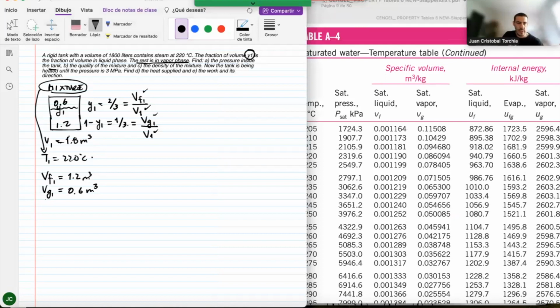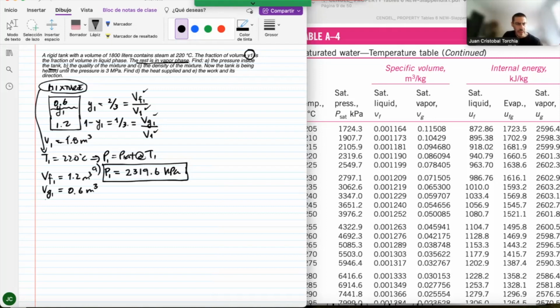This is boiling. Therefore, P1 equals Psat at T1, which is 2,319.6 kilopascals. That's my answer A.